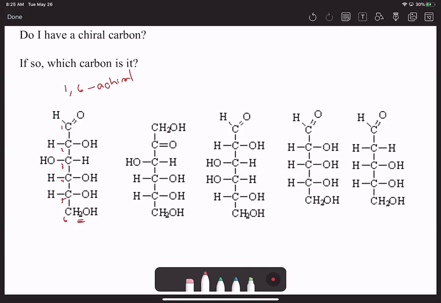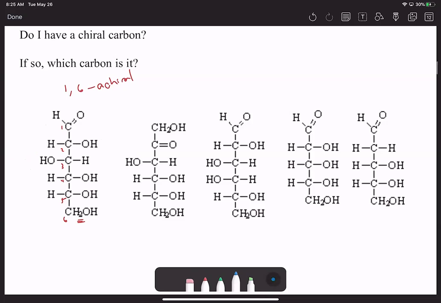So now I kind of have to check the rest of them. For carbon number 2, let me do this in a way that I can erase really well. For carbon number 2, I have this thing, I have my hydrogen, hydroxy, and then I have this entire thing attached to it. So carbon number 2, definitely chiral.